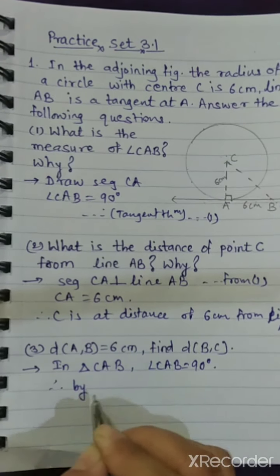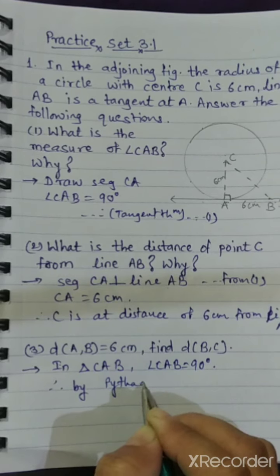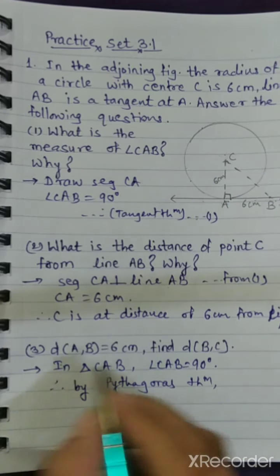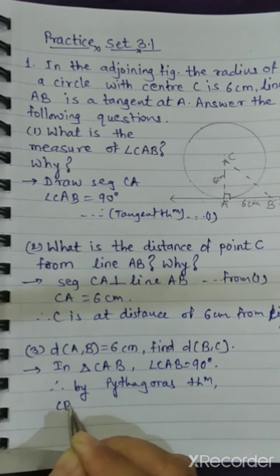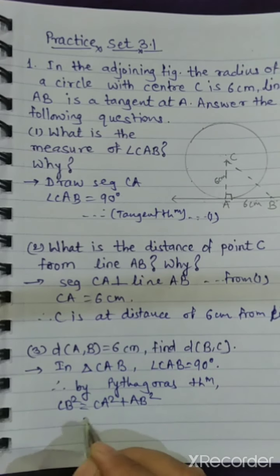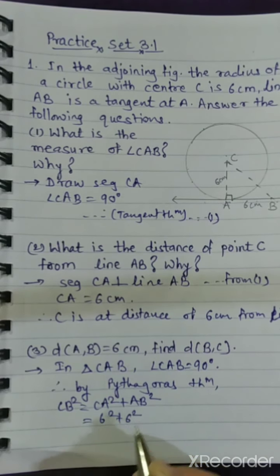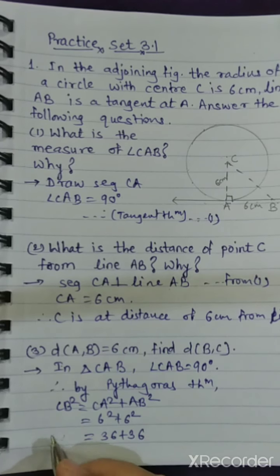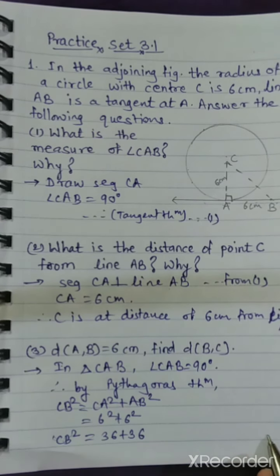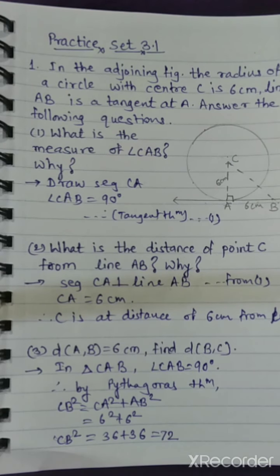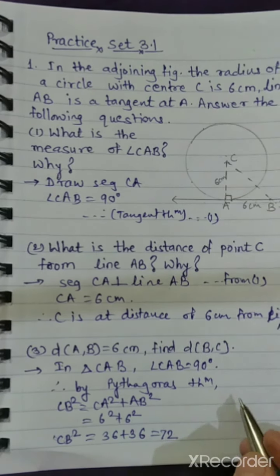Therefore by Pythagoras theorem, we can say that CB square is equal to CA square plus AB square. So 6 square plus 6 square, that is 36 plus 36, that is 72.